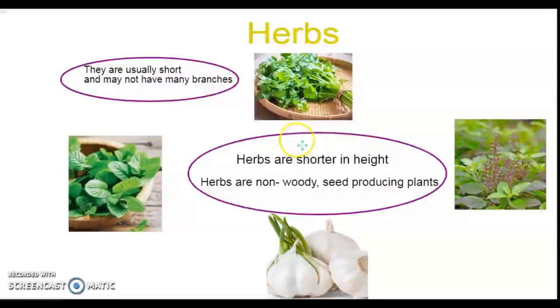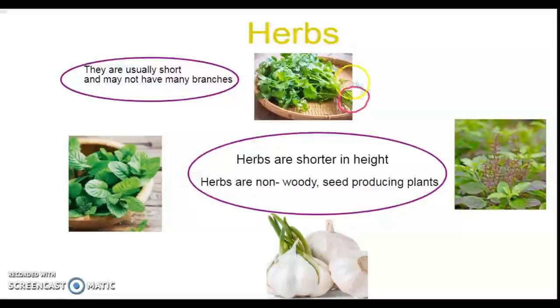They are shorter in height. Their stem is non-woody. If you observe the stem of this herb, it is non-woody, means it is green in color. It is different from the other stems. So the herbs are shorter in height, their stems are non-woody, and they do not have many branches.